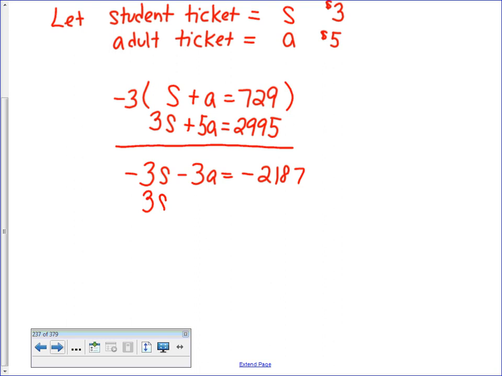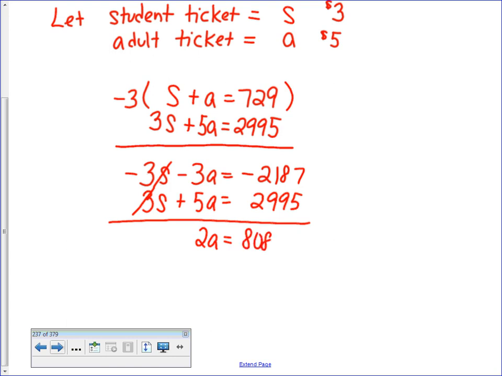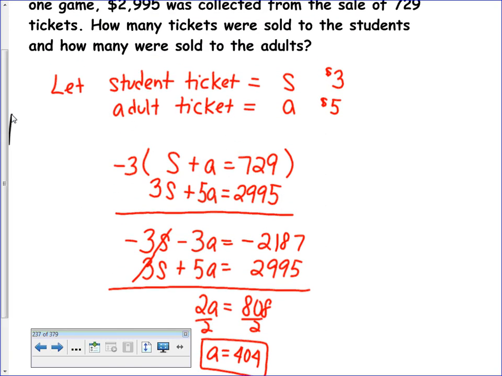And then I rewrite the bottom equation, 3s plus 5a equals 2,995. When I add these two equations together, the s's cancel each other out, and I'm left with 2a equals 808. Divide both sides by 2, and I get a equals 404 tickets. So that means I sold 404 adult tickets.